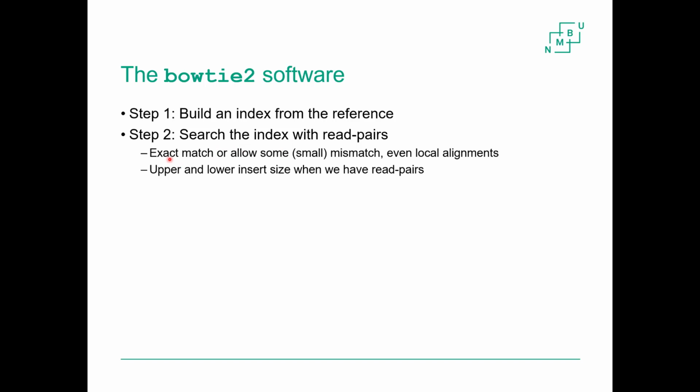We have only considered exact matches in this example here. In reality, the Bowtie software and all other softwares will also allow for some small mismatches, but not many. If you should allow many mismatches, you need to extend the search, and you lose all the gain by doing this Burrows-Wheeler transform.